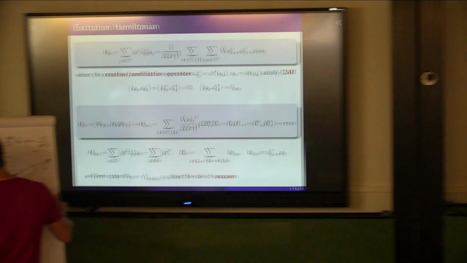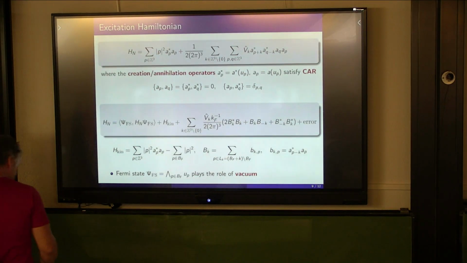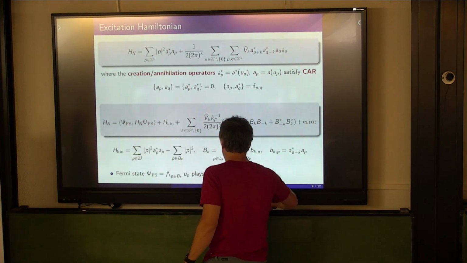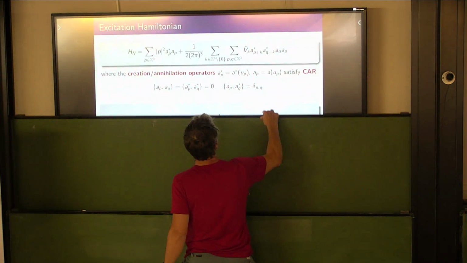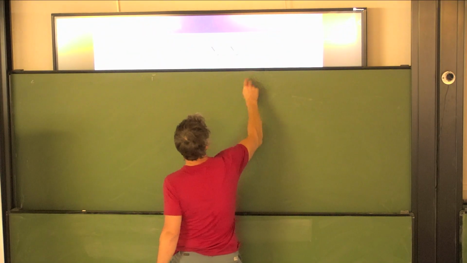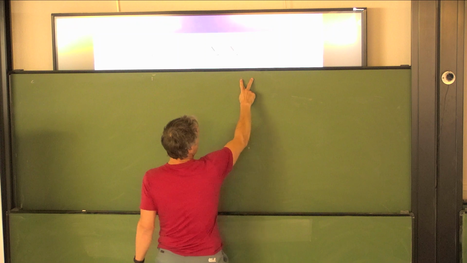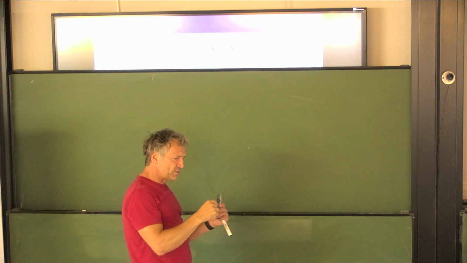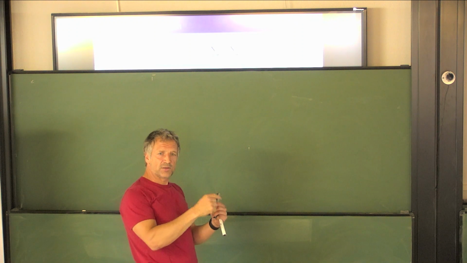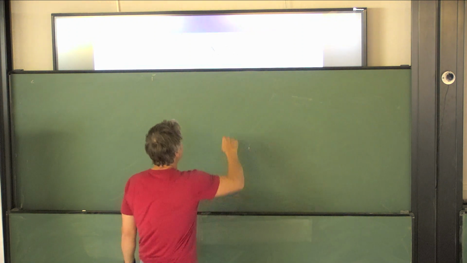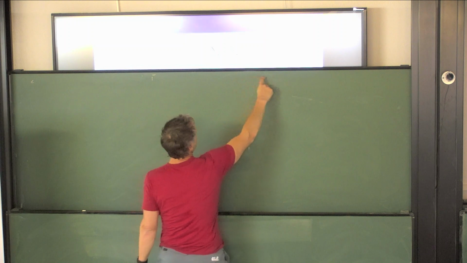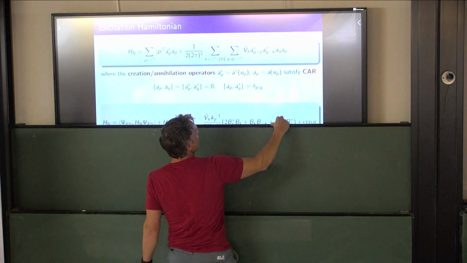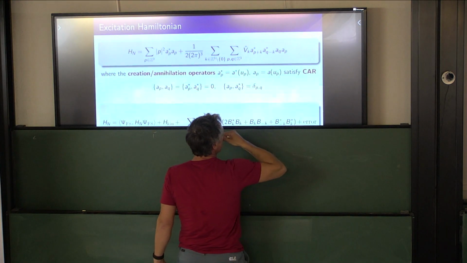So the idea which goes back to Sawada is taking this interaction and rewriting it so that you only retain the terms where you have a pair, one from outside and one from inside. So basically, when you move the A of P, that satisfies the canonical anticommutation relation.